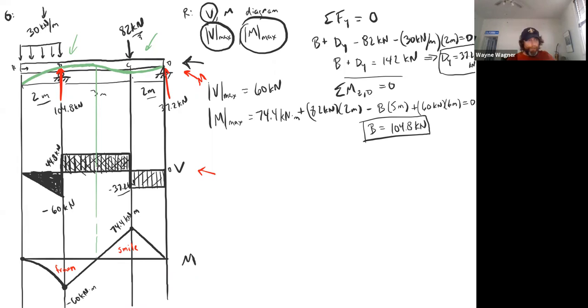Meaning if we were to expect this thing to fail in bending, we would expect it to fail right here, right at C. That's where we would expect it to snap, either because the top side would buckle or the bottom side would tear. I guess it depends on what it's made out of.